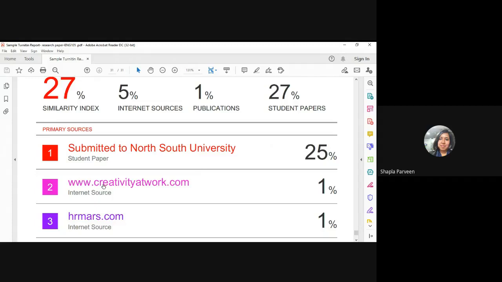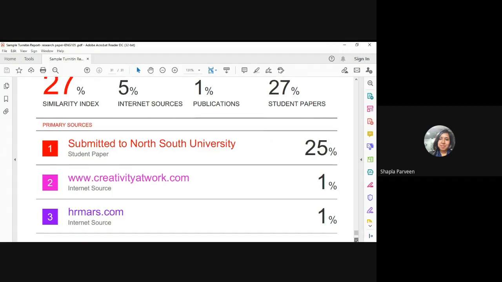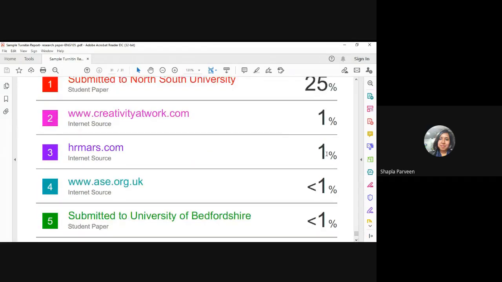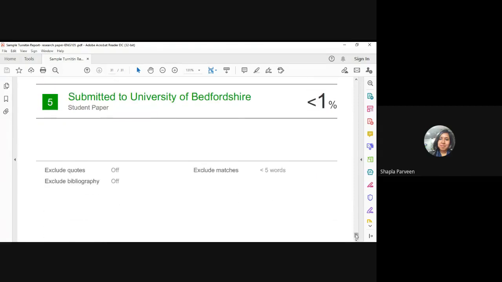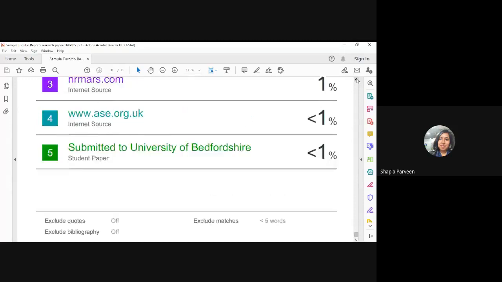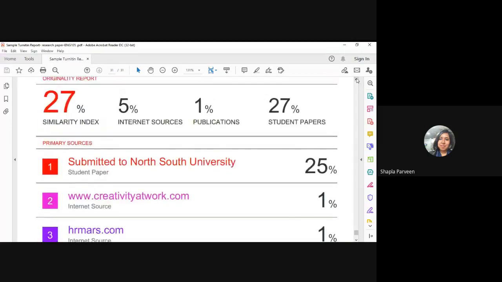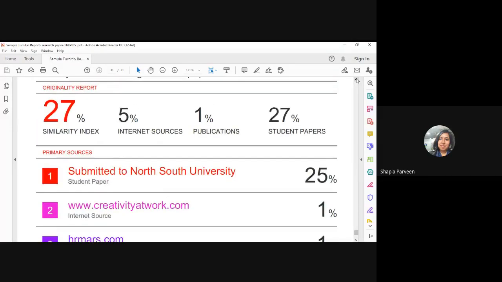And then the different colors are shown like this. 1% from one internet source, another 1% from another internet source, then less than 1% from another internet source, less than 1% from another internet source. Student paper submitted in another university. Okay, so basically that's how it looks. At the end, the summary of the report is given this way.